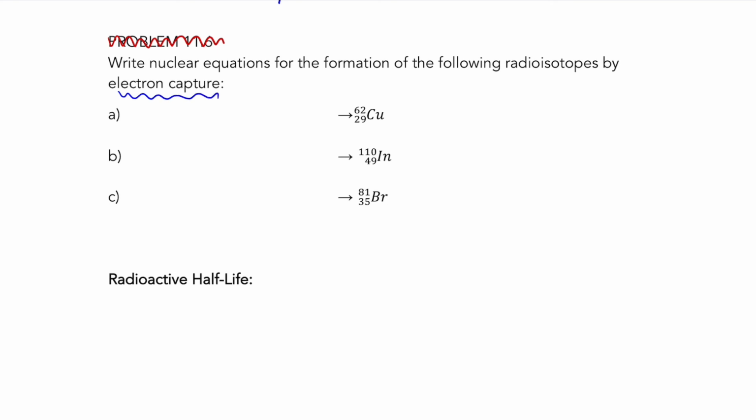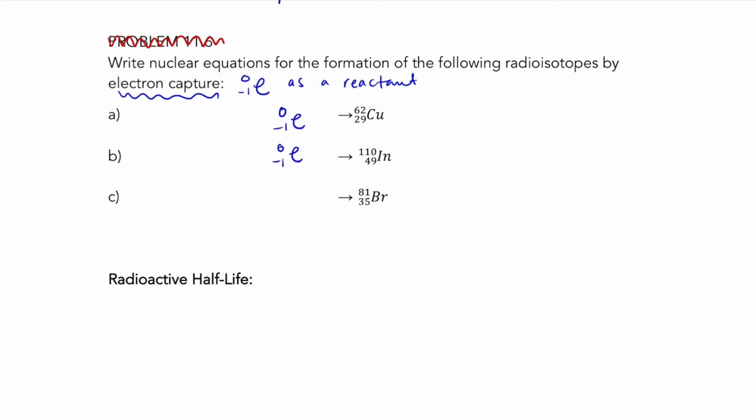Okay, so we're forming these radioisotopes, so it's kind of like the last one where they're one of the products, but these are formed by electron capture. Okay, so electron capture means we have this particle as a reactant.